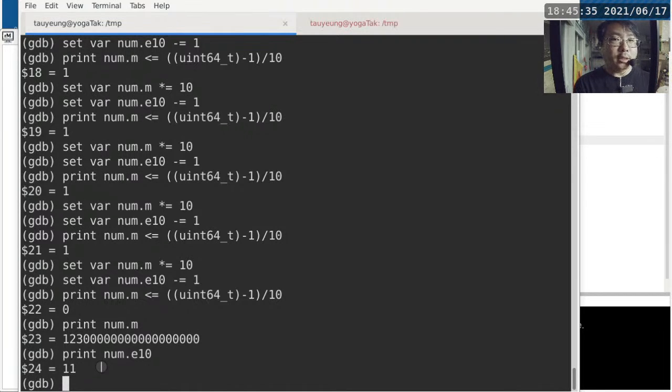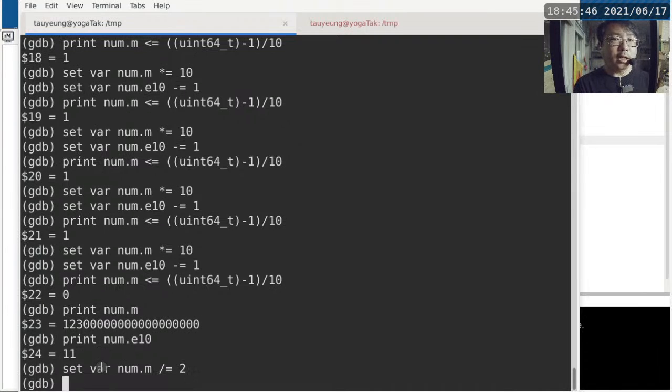So what we need to do now is to say, let's not multiply by 10 anymore. Let's instead divide it by 2. But every time we divide m by 2, we also have to remember to increase E2 by 1 so that the quantity being represented is not changed.